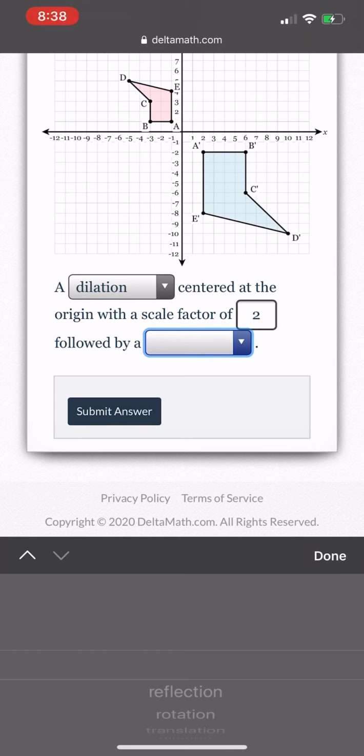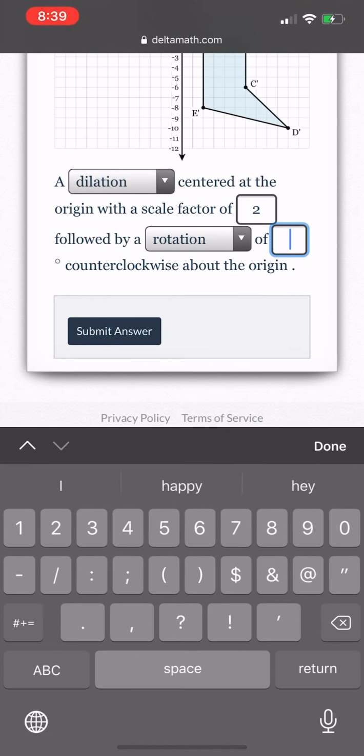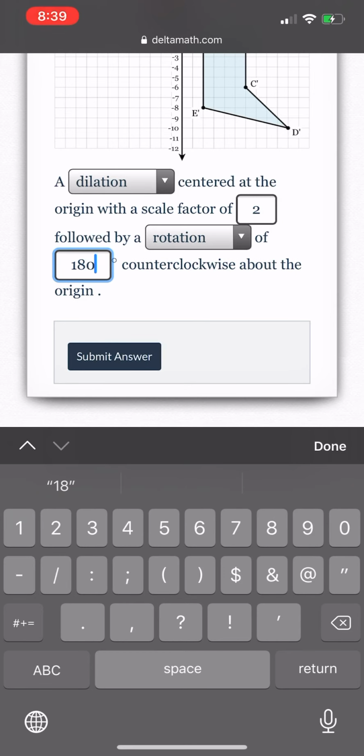Because it would have to reflect over just either the x-axis or y-axis or a particular line, and it won't work that way. It's not a translation because it didn't just get moved, so it must be a rotation. All right, now if you think about rotation, remember there's 90 degrees, 180, and 270. If you look at this one, it must be 180 because it's on the direct opposite side.